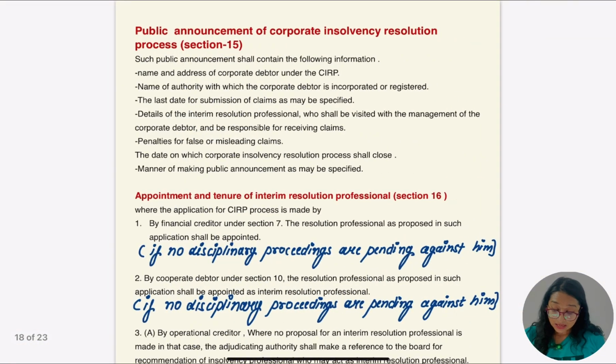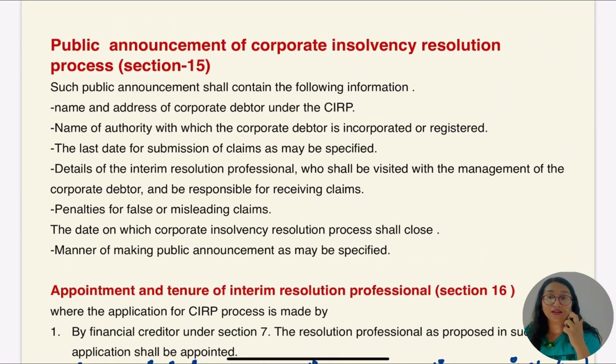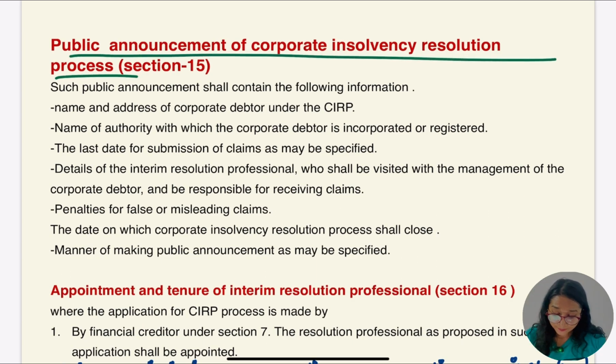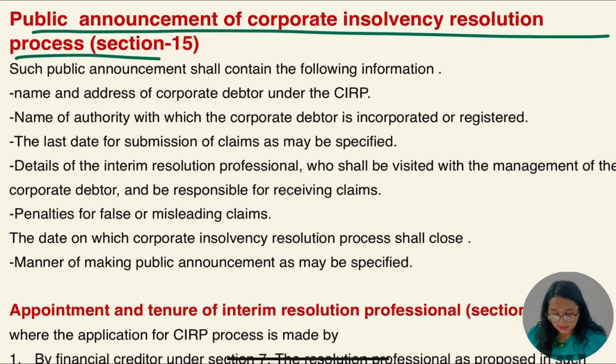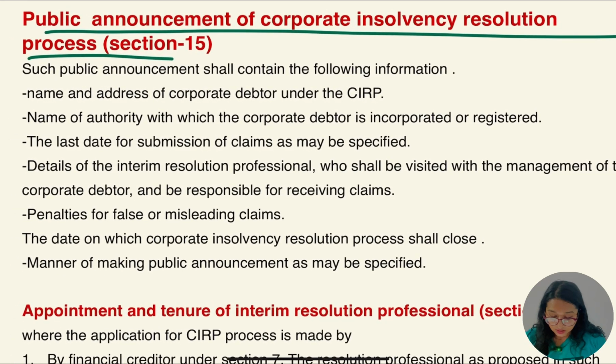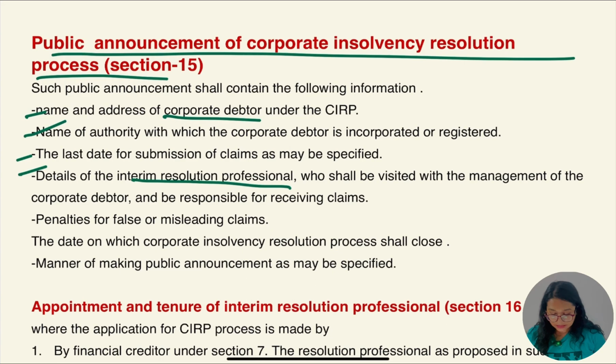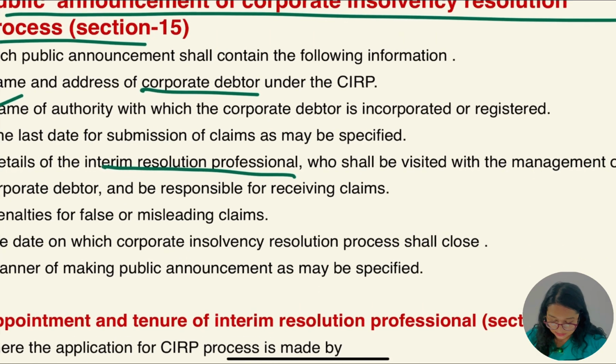Let's go for section 15, which says the public announcement of the insolvency resolution process. Such public announcement shall contain the following information: the name and address of the corporate debtor under CIRP, the name of the authority with which the corporate debtor is incorporated or registered, the last date for submission of claims as may be specified, and details of the IRP who shall be vested with the management of the corporate debtor and be responsible for receiving the claims.